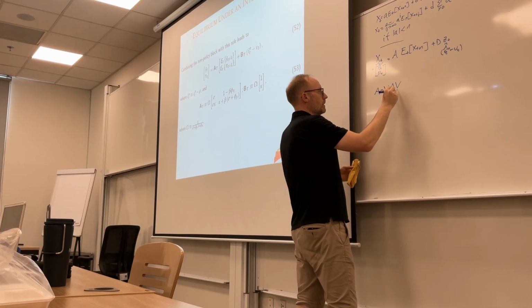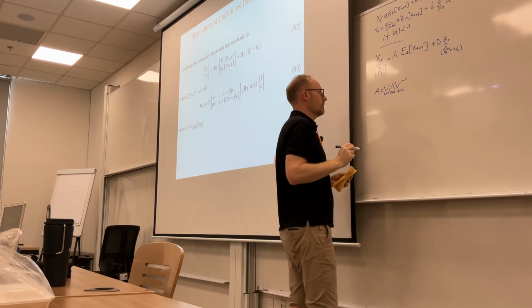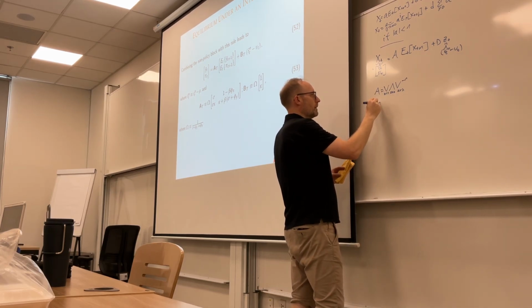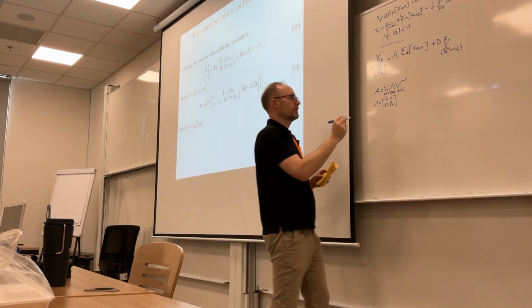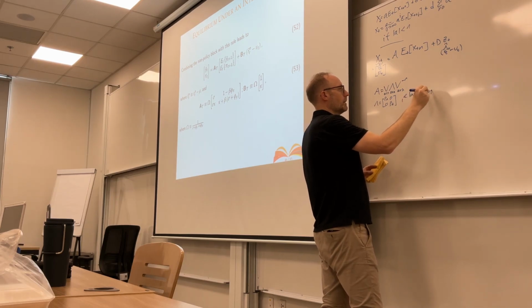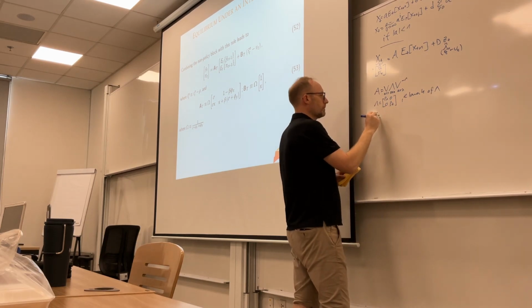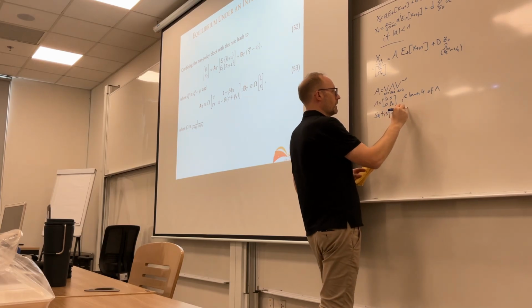These are all 2 by 2 matrices, V inverse, and lambda is a diagonal matrix, and the elements of lambda satisfy this.